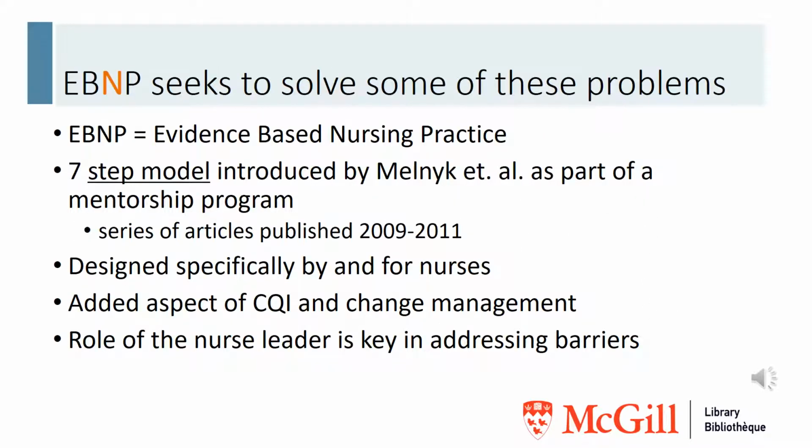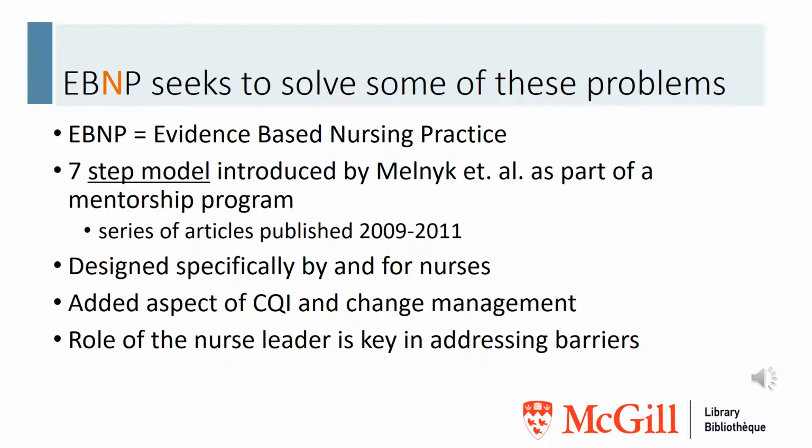So evidence-based nursing practice was developed in order to solve some of these problems. It's a 7-step model, and it was introduced as part of a mentorship program, and it was published as a series of articles between 2009 and 2011. You'll find a book that was published about this model on most of the subject and course guides.